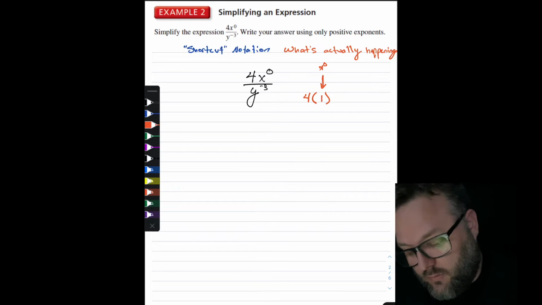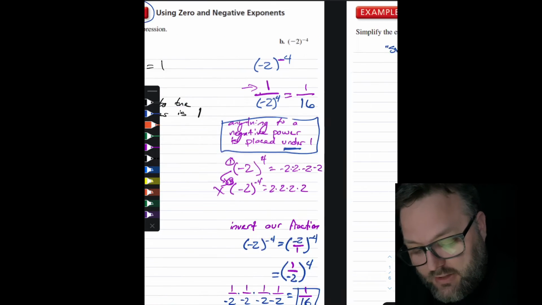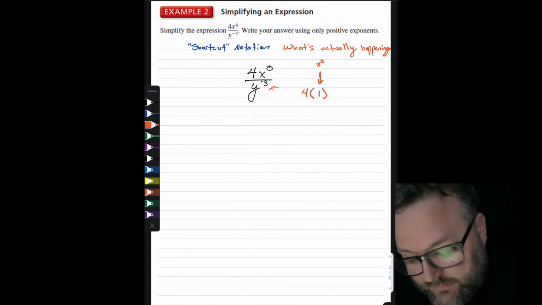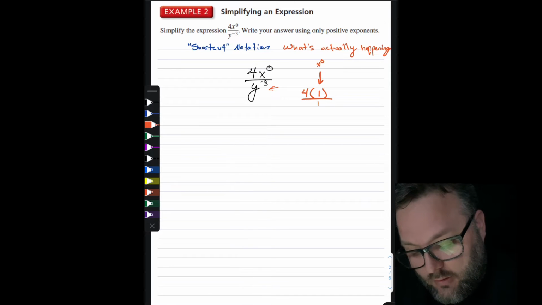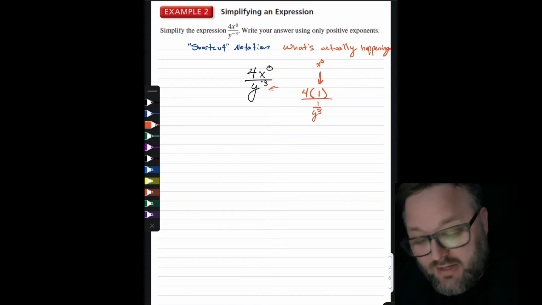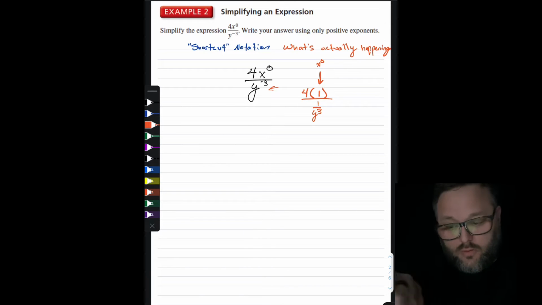And then what we're actually going to do is take 1 over y to the third, because anything to a negative power, you need to invert or put over 1.